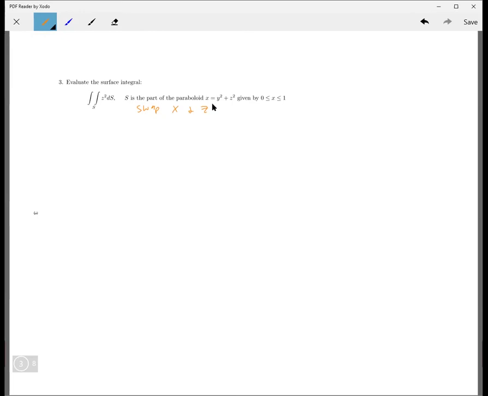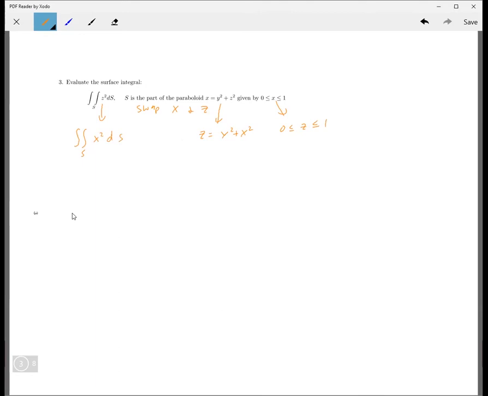If this was z equals something, then I could just use the formulas on the first page, right? So if I swap x and z, then if I swap them here, I get z equals y squared plus x squared, and here I get this, and then over here I get x squared dS.